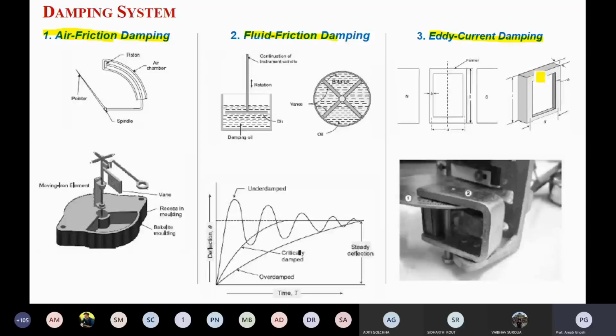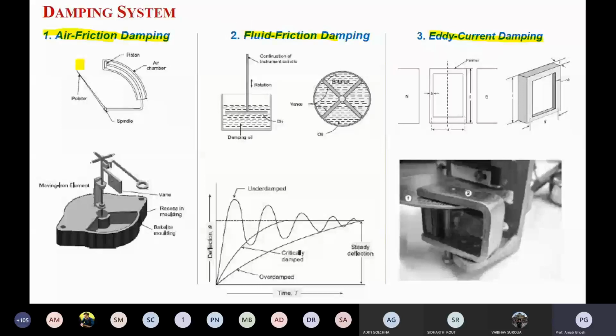Due to the rotation of the soft iron yoke in the field of the permanent magnet, some cross sectional current is produced. That is the eddy current, because eddy current is normally observed in the cross section of the core. That causes eddy current damping of the pointer oscillations.